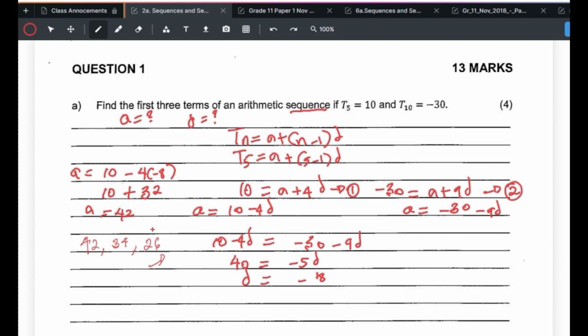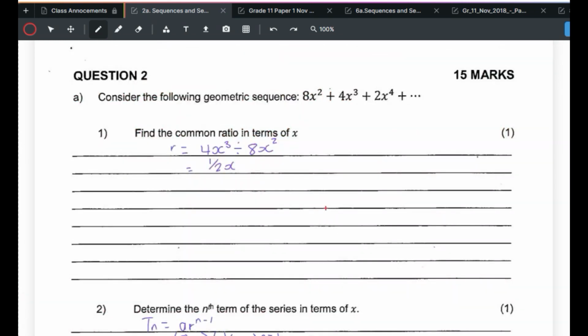Does that make sense? Yes, sir. Okay. So you even did more though. Consider the geometric sequence 8x squared plus 4x cubed plus 2x to the 4. Find the common ratio in terms of x.